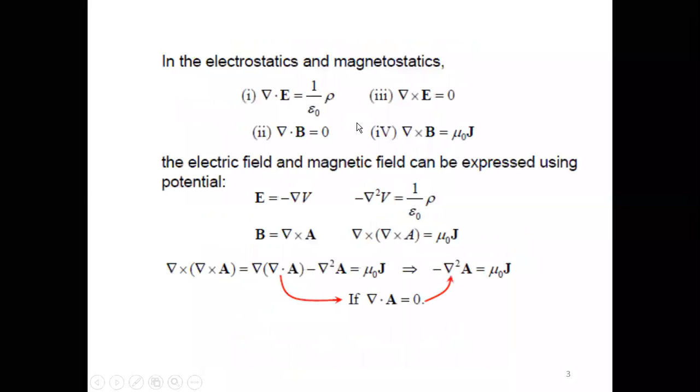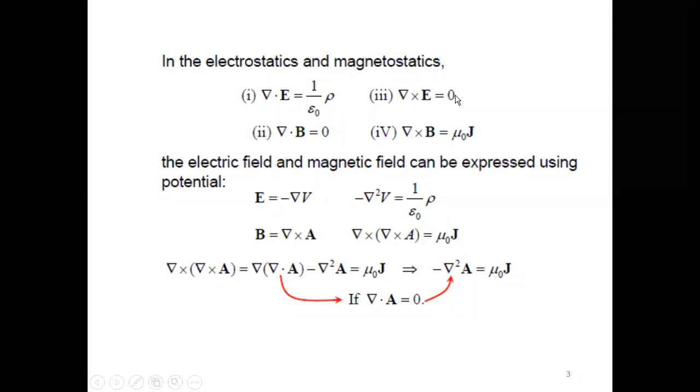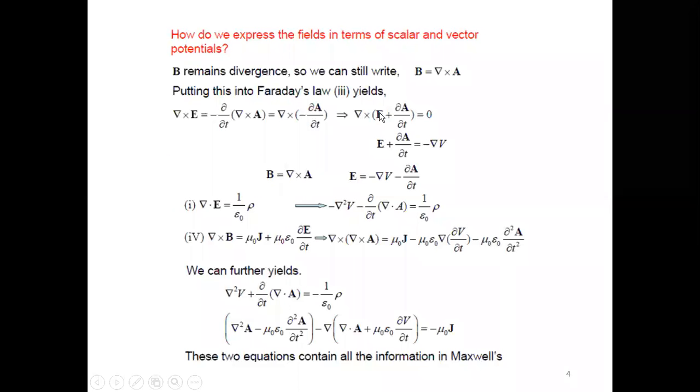Earlier there was curl of E equals 0, so we wrote E equals minus grad V. Similarly here, the curl of this quantity is 0, so this whole quantity can be written as the negative gradient of a scalar field.